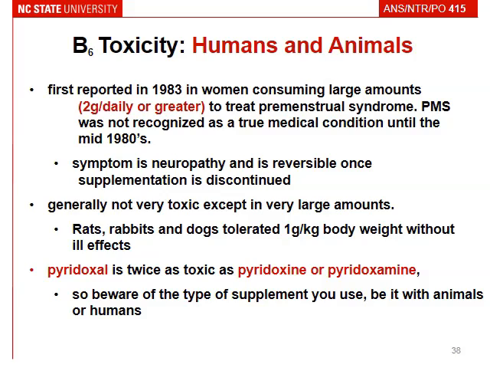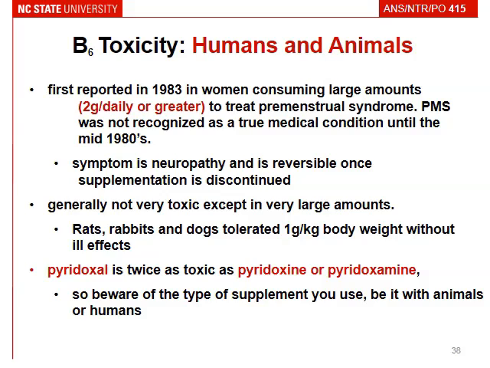You have to take a lot of B6 for it to be toxic. The reality is you naturally aren't going to be taking that much, so this is really only seen with supplements for treating PMS primarily. Some of our animal models, rats, rabbits, and dogs, tolerated a significant amount without any ill effects, but I don't know what form of B6 they utilized in those studies.